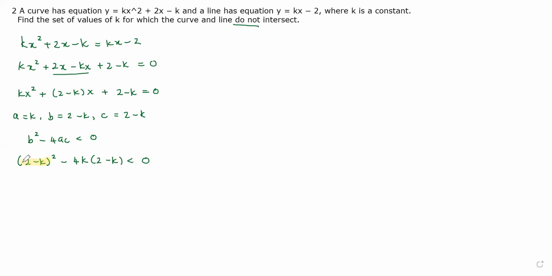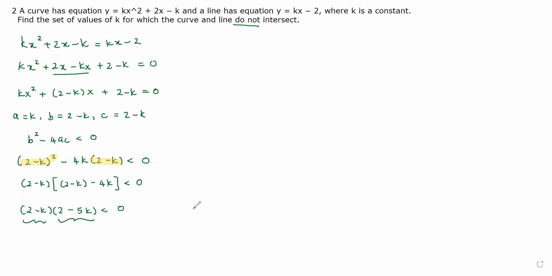We have the square of 2 minus k, and we have 2 minus k. We can factor that. So we have 2 minus k, and we are left with 2 minus k minus 4k. This is less than 0, so that we have 2 minus k times 2 minus k minus 4k, that is 2 minus 5k.